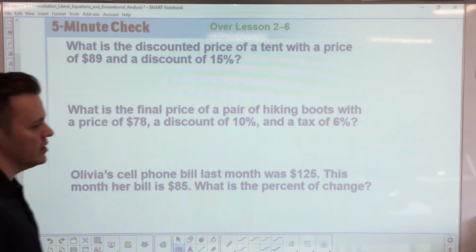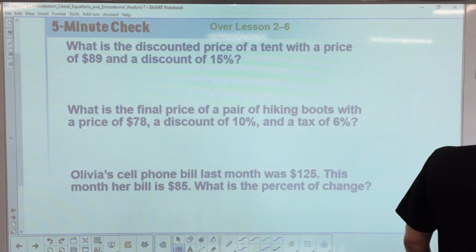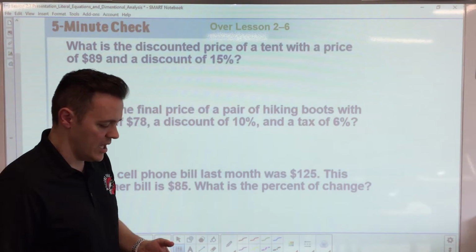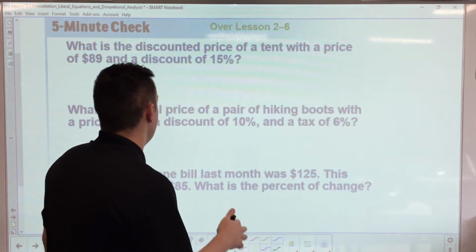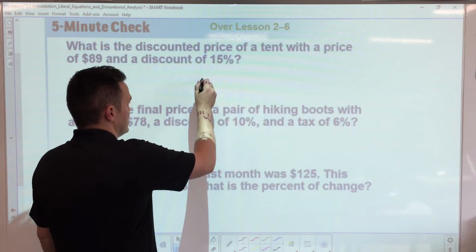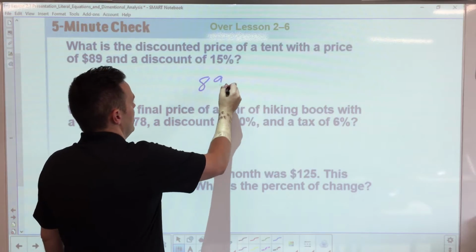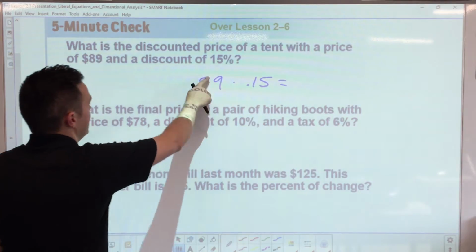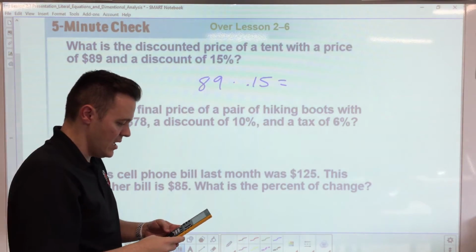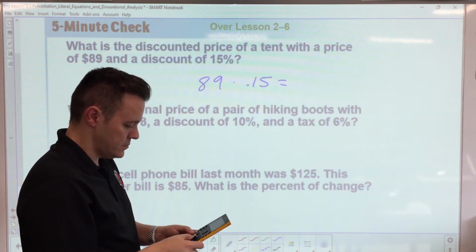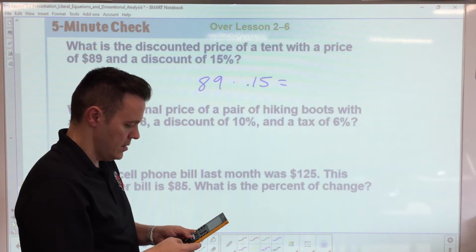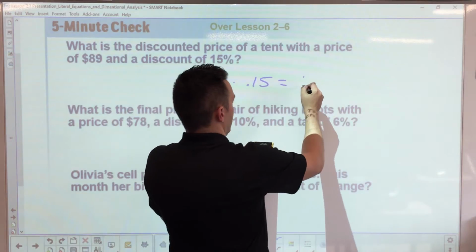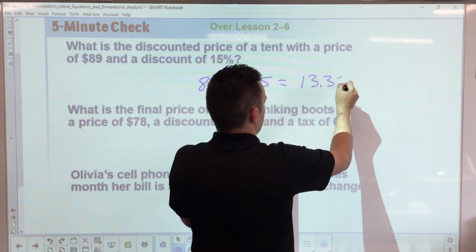All right, now I could get really fancy with this, and this is on lesson 2.6, which is about ratios, and I know we did a lot of ratio stuff related to that, but I want to just do this quickly and simply. So this equation setup would be 89 times 15%, okay? If you did that, 89 times 15, you would end up with a price, this is the difference, okay?